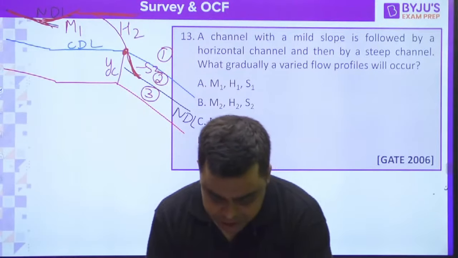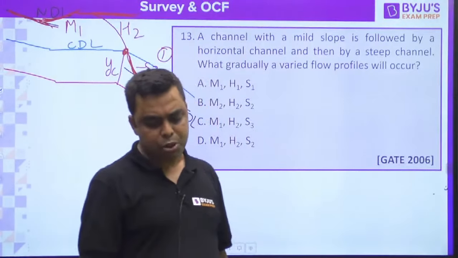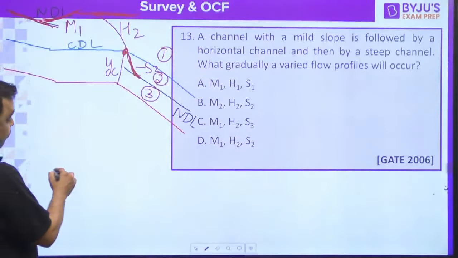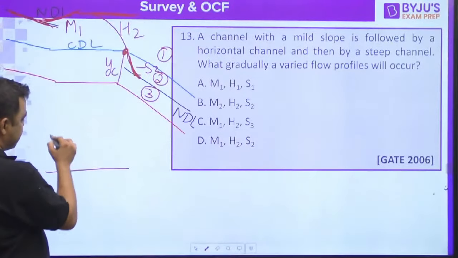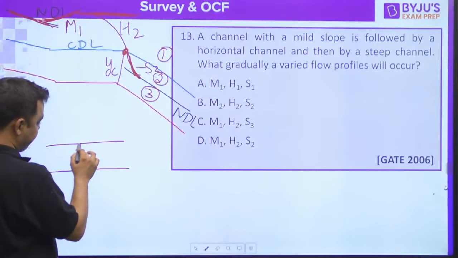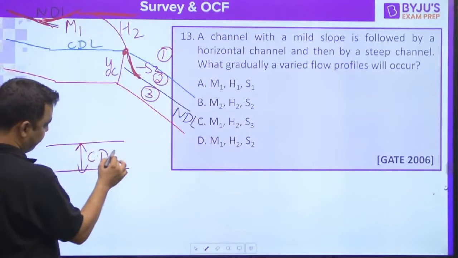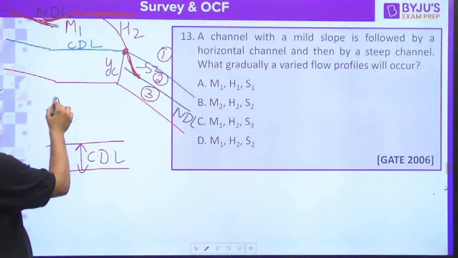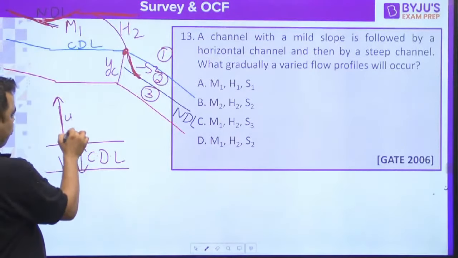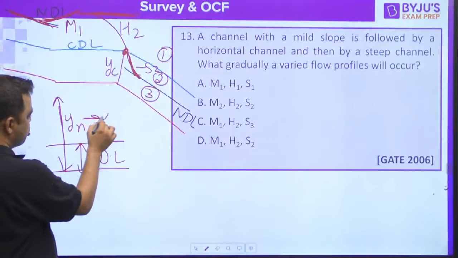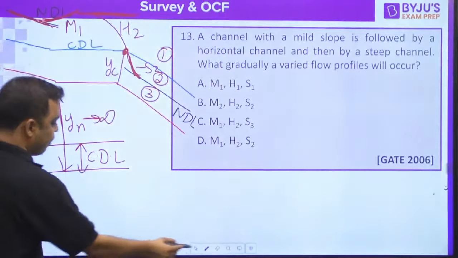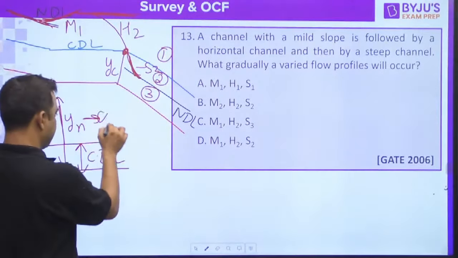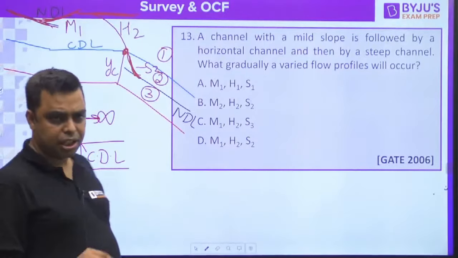Okay. See, the point to be understood, Mayank ji, is that when we are at a horizontal surface, this is my CDL, right? And my normal depth of flow can be anywhere. Yn can approach infinity. It can be anything, that depends on the discharge, right?